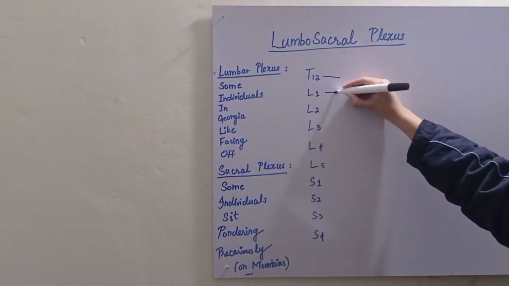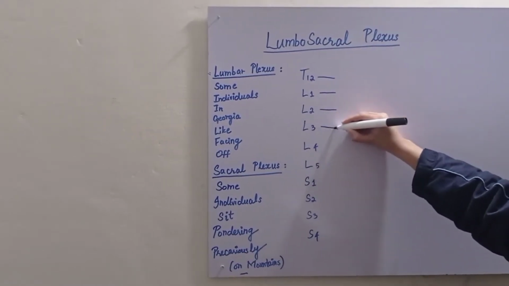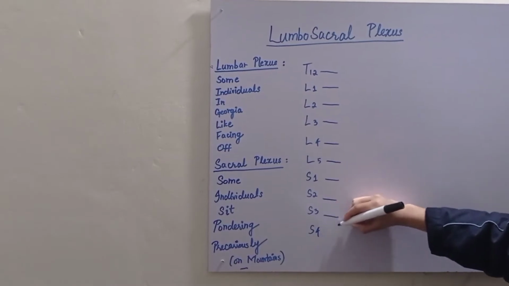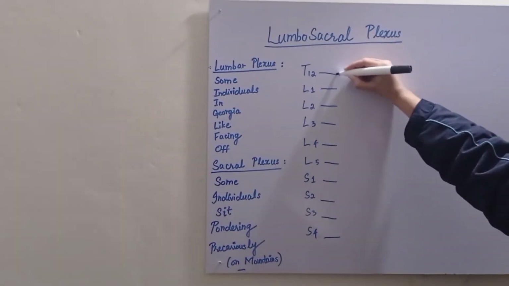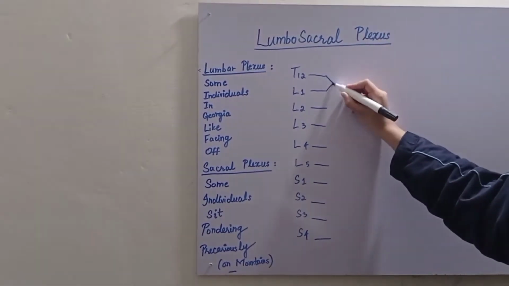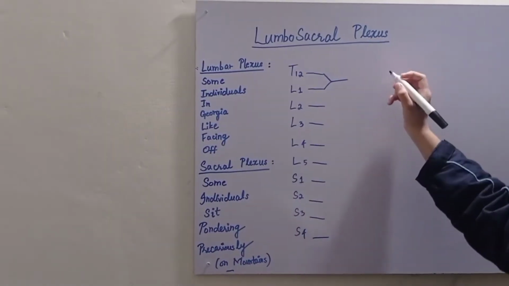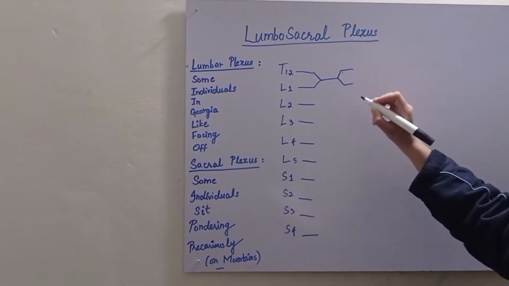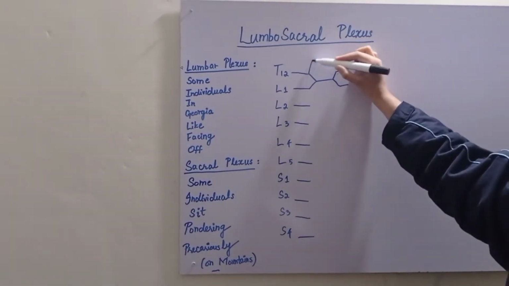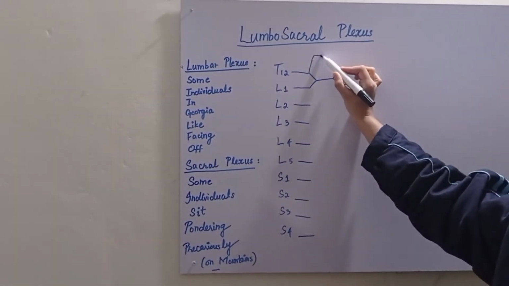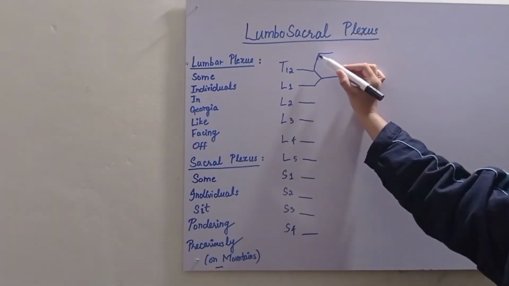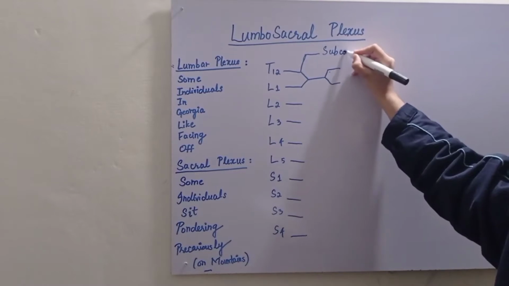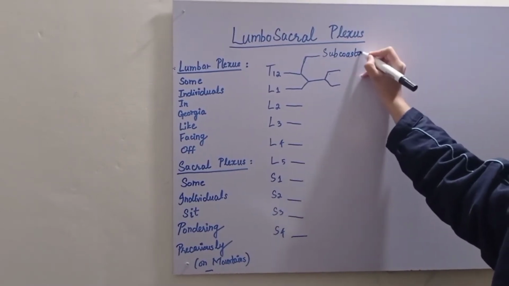We're going to connect. Let's first draw lines in front of all of these root values. We're going to connect T12 to L1 and take out a branch out of it. And again, we're going to take out two branches. Here, the nerve that is formed here is called the subcostal nerve.